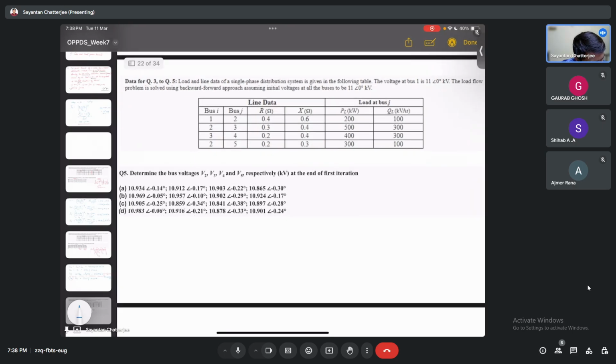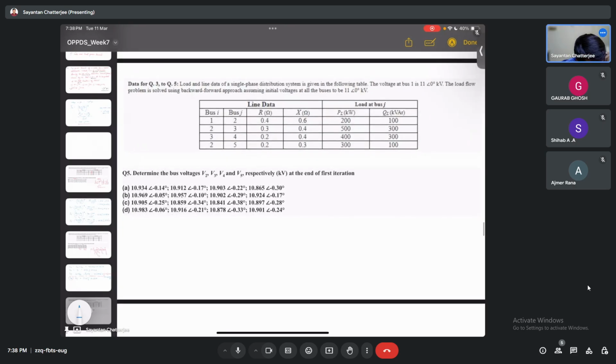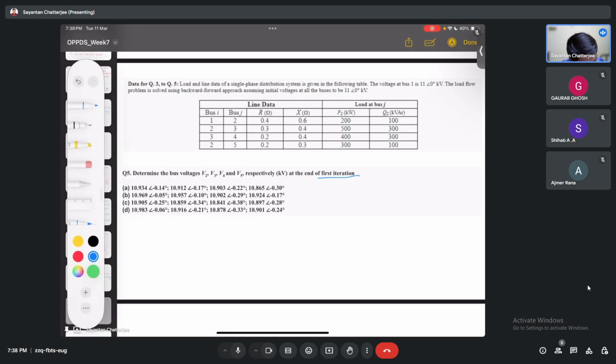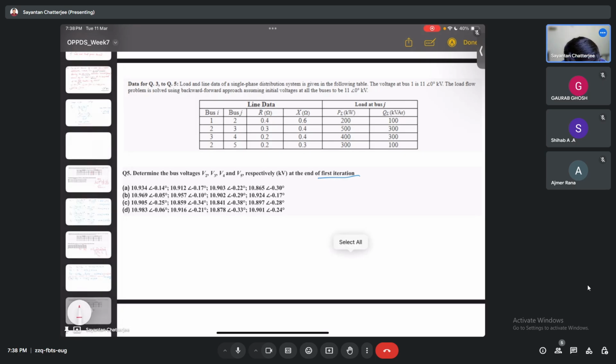I think it's visible. So here the load and the upper part are the same. Here the bus voltages we need to determine, respectively in kV, at the end of the first iteration: V2, V3, V4 and V5. So I'm drawing the circuit again here.